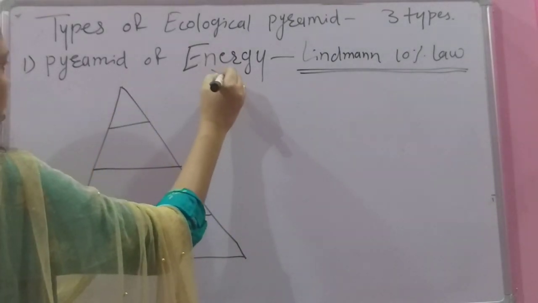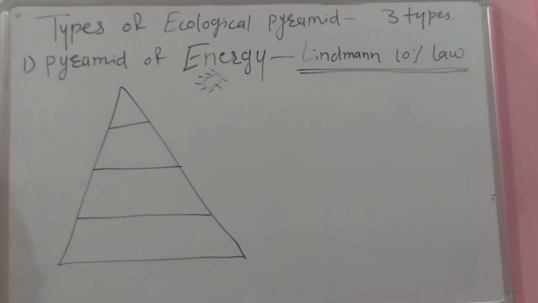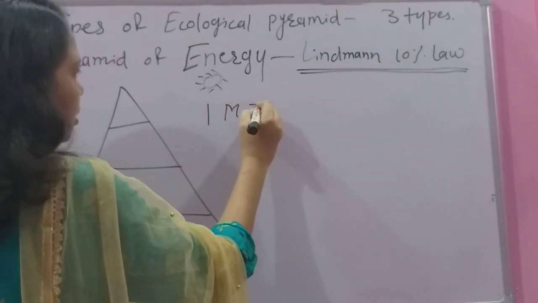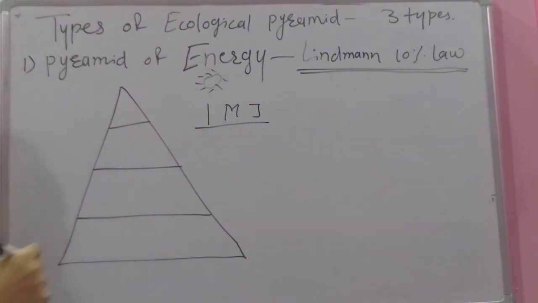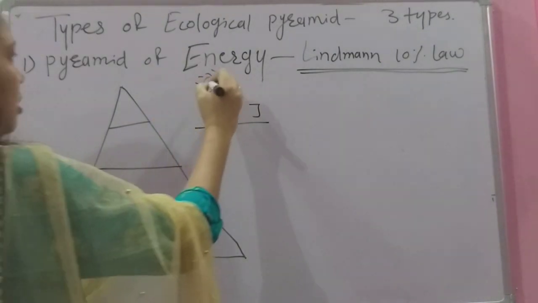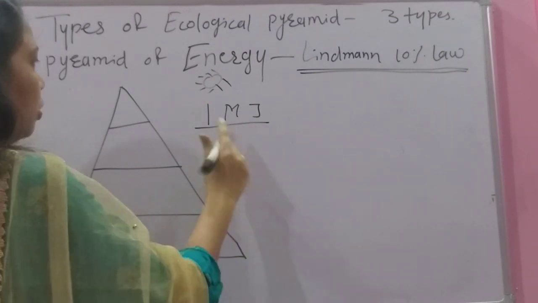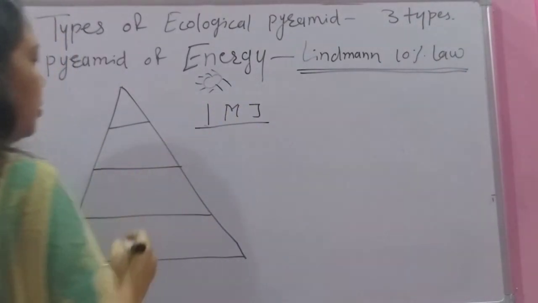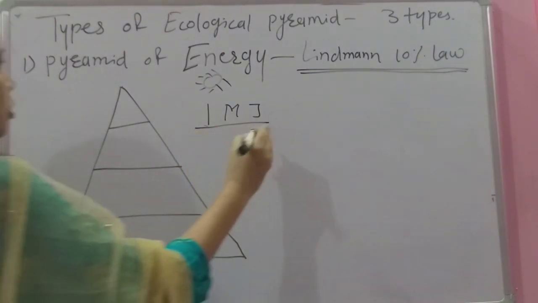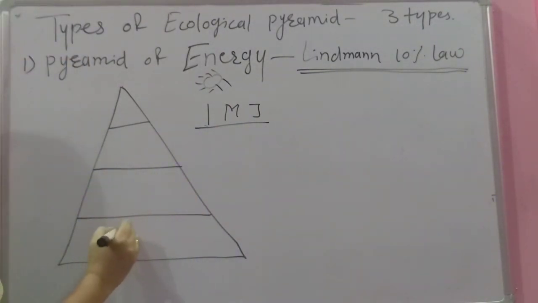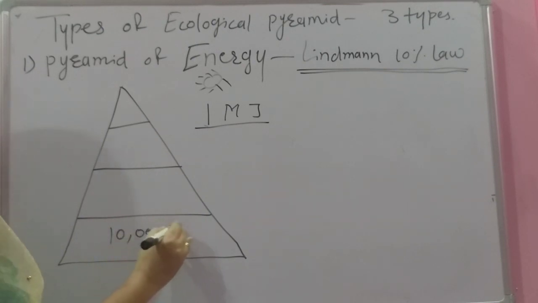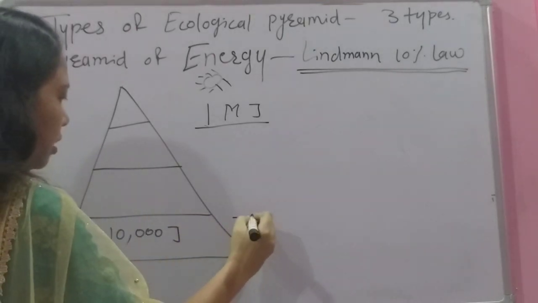This is the sun, and this sun radiation is 1 million Joule. 1 million Joule of radiation reaches the earth, but out of this 1 million Joule, only 10,000 Joule of energy is stored in the first trophic level.